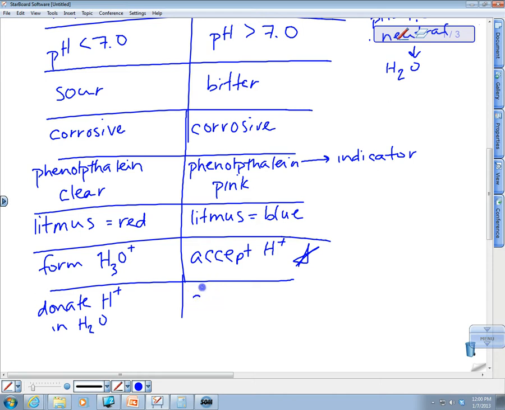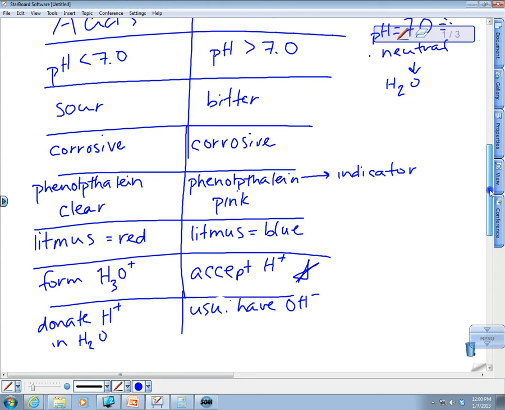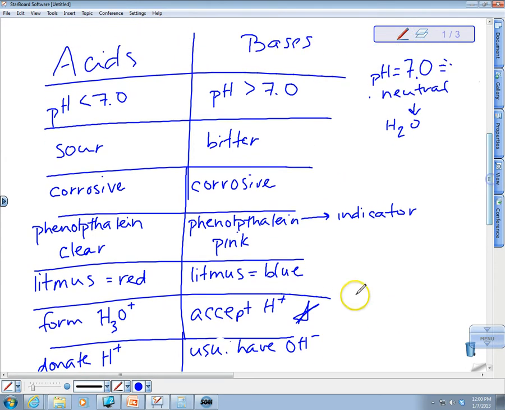And bases usually have hydroxide ions in them. So this is sort of your rule of thumb: hydrogens, acids; hydroxides, bases. There will be some bases that don't have the OH in them, but not very many.